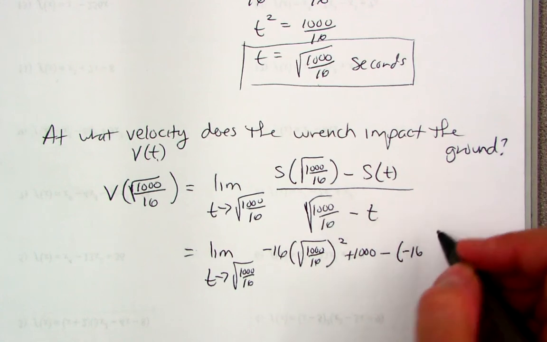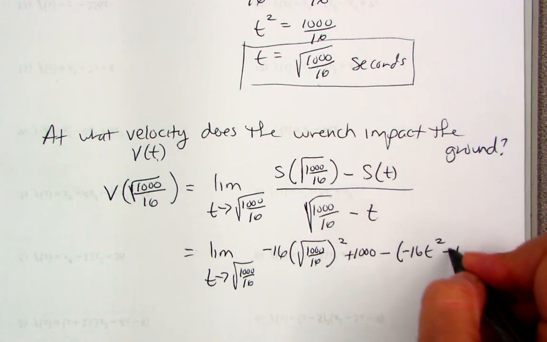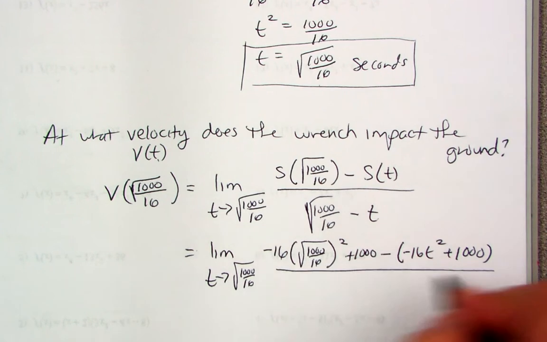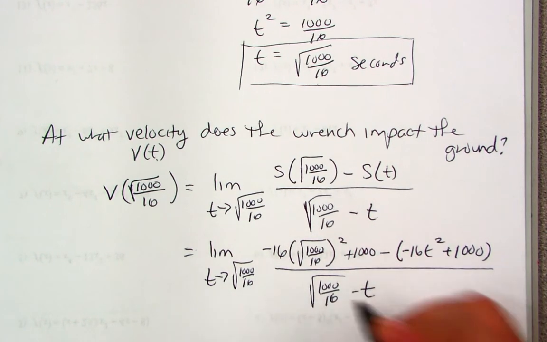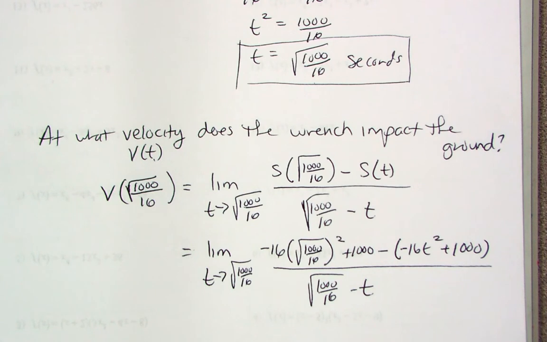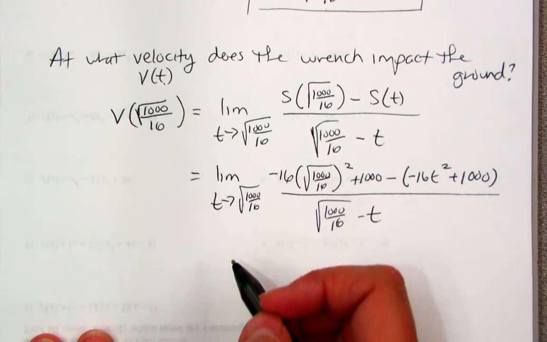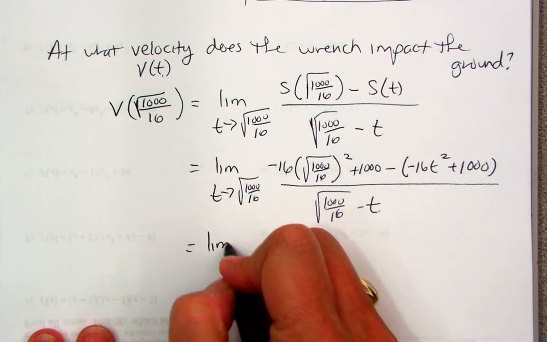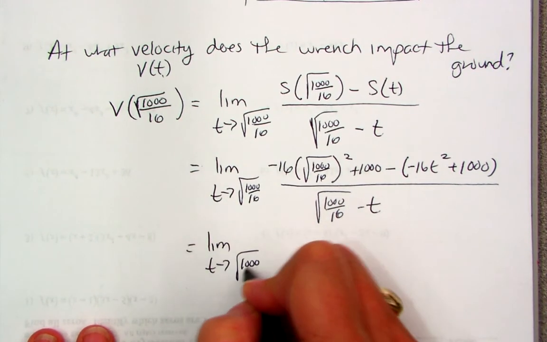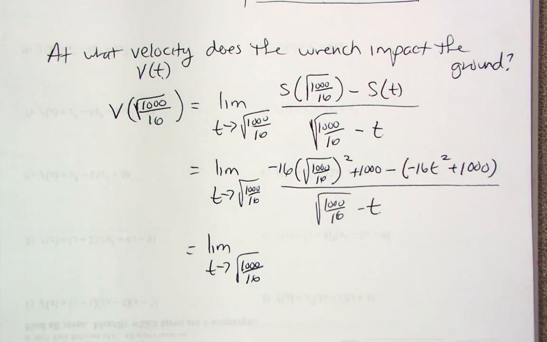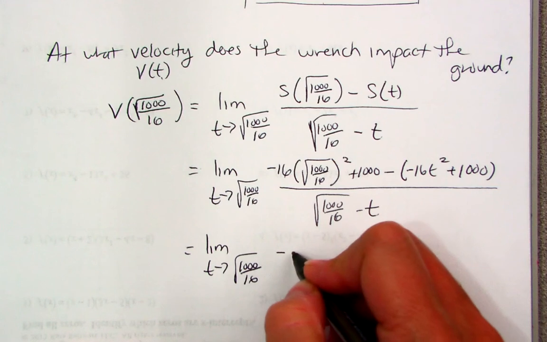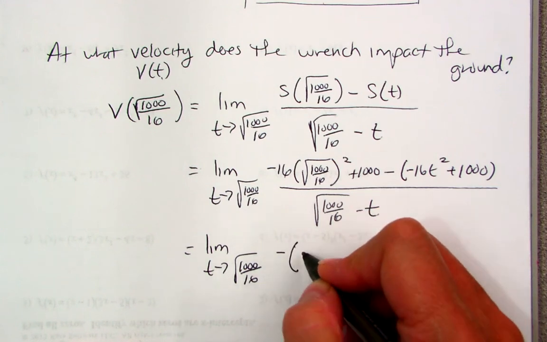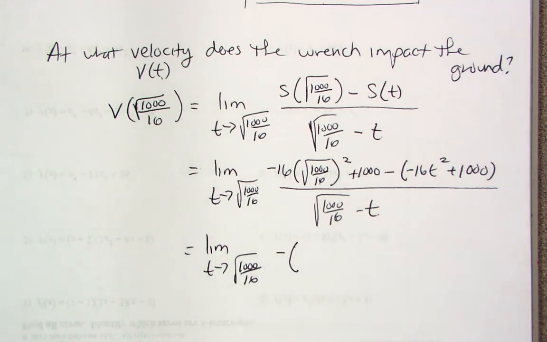Now I'm writing the S of t. Just continuing to clean up this problem. Let's see, what do I want to do with this? I think I want to go ahead and distribute that negative again.